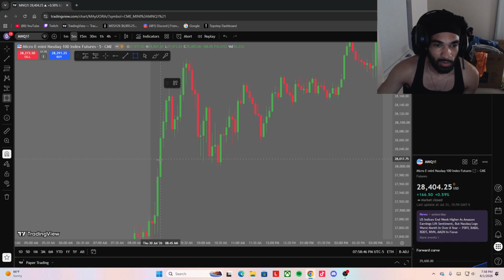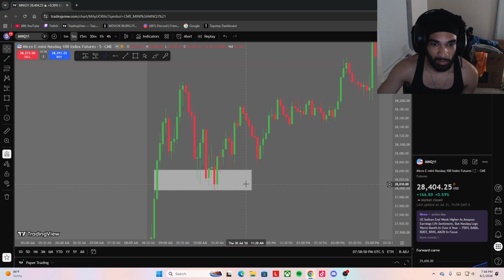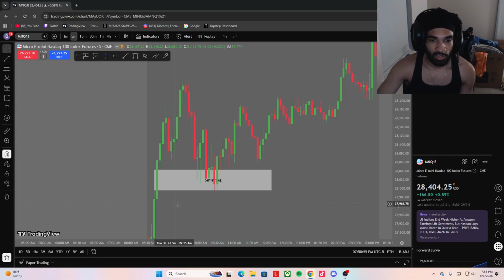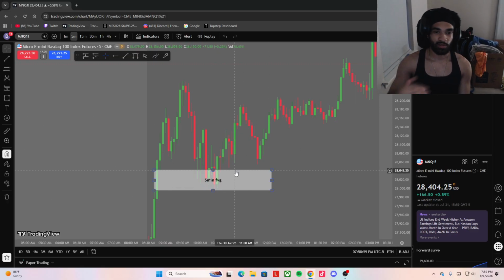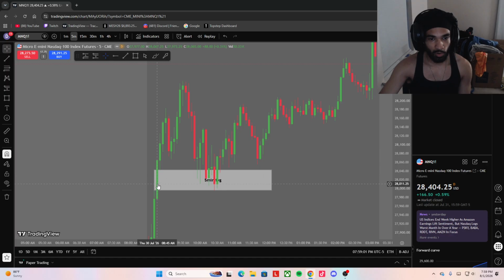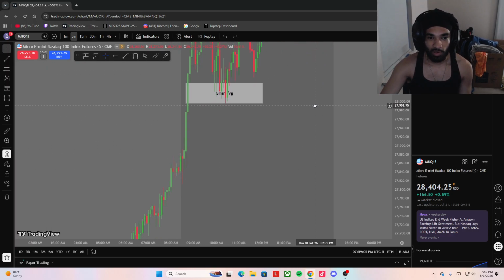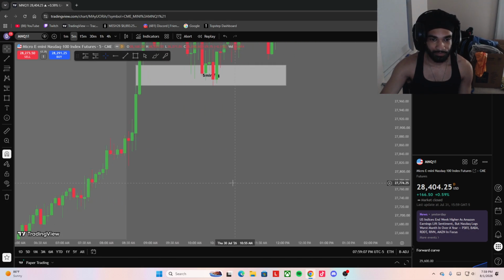We mark this fair value gap, we can see it getting respected. Price often loves to come down, touch our fair value gap like so and keep going, because it's just filling an imbalance. We moved up so quick here, boom, it just wanted to fill this imbalance, and then we keep going. That'll happen pretty often in the market. It happens a lot.